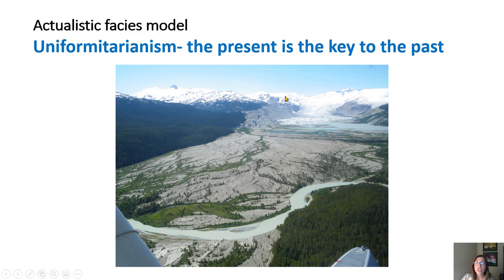That the way glaciers that you see in the top right, braided rivers that you see in the bottom left, the way those systems operate today is the way they were operating back in the Cretaceous, back in the Cambrian, and back in the Precambrian. So when we make actualistic facies models, we are making observations of modern depositional environments and inferring the structures and sediments that we see in the present and using those to interpret the past from the rock record.